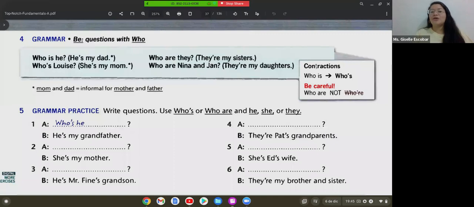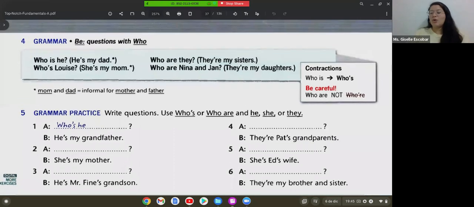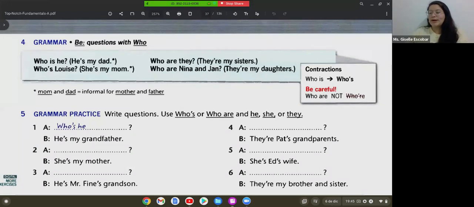And we have here the use of the contraction. Who is, who's. But be careful. Who are, not who're. Para who are, para plural, we don't use it. So, do you have any questions about that part?